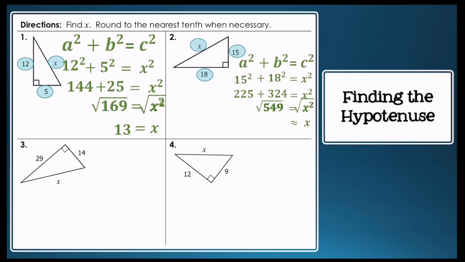The reason is if you go back and look at the instructions, 549 is not a perfect square. So what's happening here is I'm going to end up with a decimal. And it says round to the nearest tenth. So when I put my x, I can't put equals because that is not the exact answer. I'm approximating. So when I put it in my calculator, it's approximately 23.4. Okay?